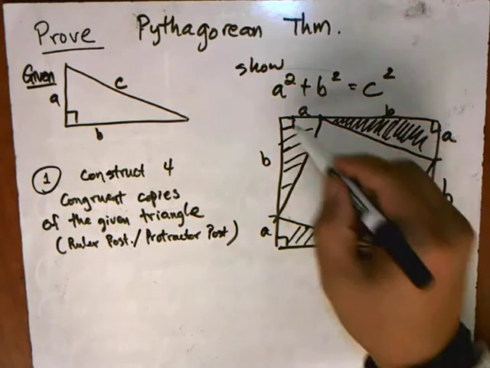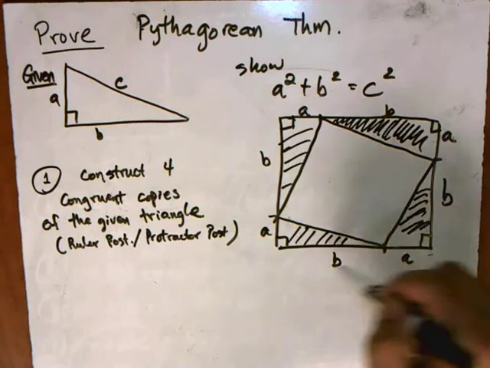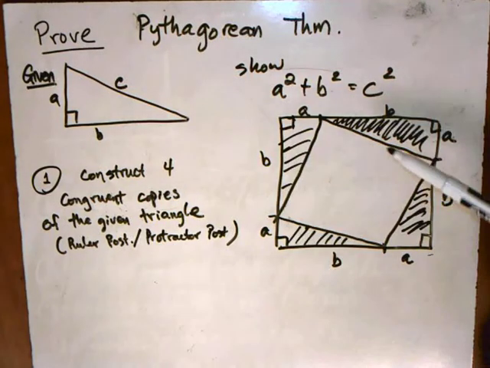And there we go. So I've made four copies of the same triangle, and I've aligned them in this way. You can see that the entire outline of these four triangles now forms a square. My goal is to somehow show that A squared plus B squared is going to be C squared.